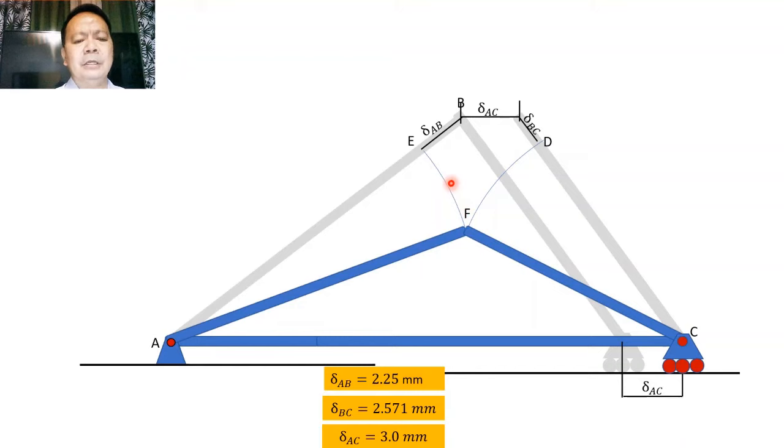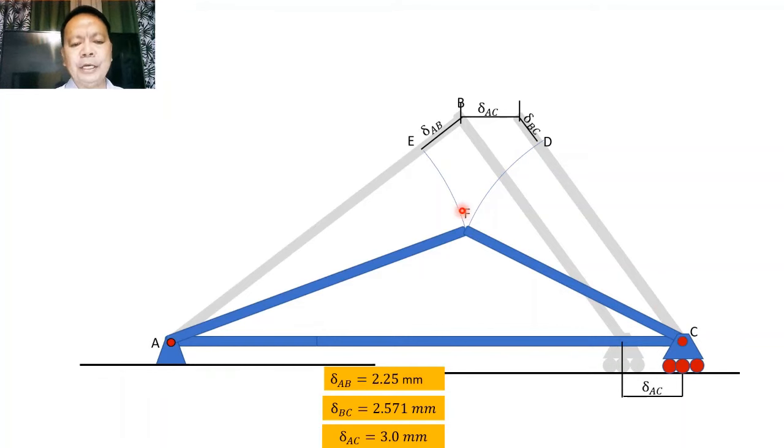But because the deformation is so small, imagine that this is only about 2.25 millimeters for a total length of 4 meters here, and a deformation of 2.571 here for a total length of 4 meters. Hence, this value is so small. Because these values are small, arc EF and arc DF can be imagined to be straight lines, perpendicular to AB and BC respectively.